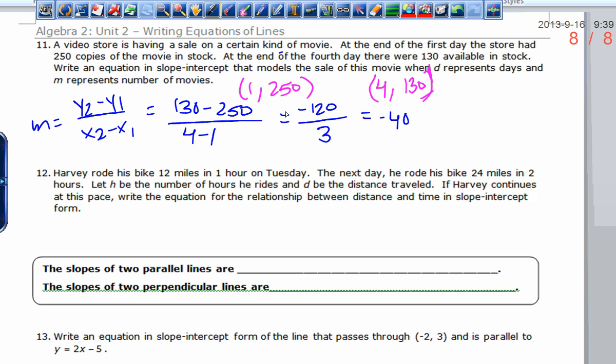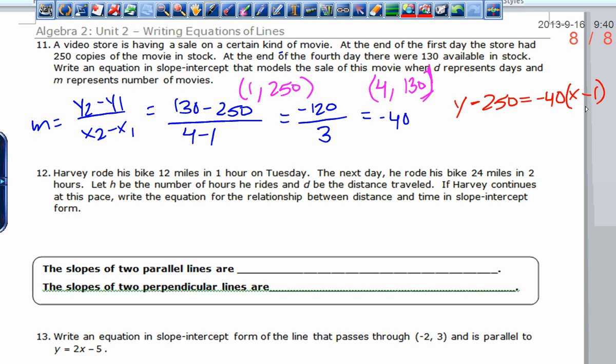In this case, they're saying that D represents days, N represents number of movies. If you want to do that, that's fine. If you just want to use Y and X, that's fine too. If you want to go ahead and use Y and X, it'd be Y minus, I'm going to use either ordered pair, 250 equals, oh sorry, we know M, don't we? Negative 40.